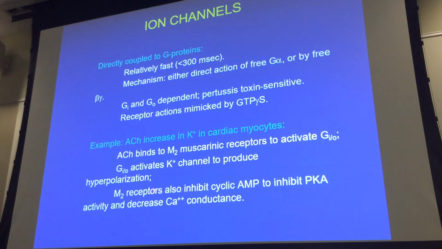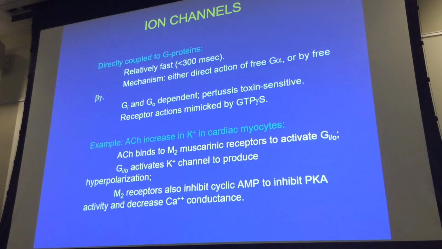There is also a second phase of acetylcholine effects in the cardiac myocyte that's slower, and that works through phosphorylation. So the M2 receptors not only act directly on the potassium channels, okay, through this direct mechanism, but they can also affect calcium by inhibiting cyclic AMP.